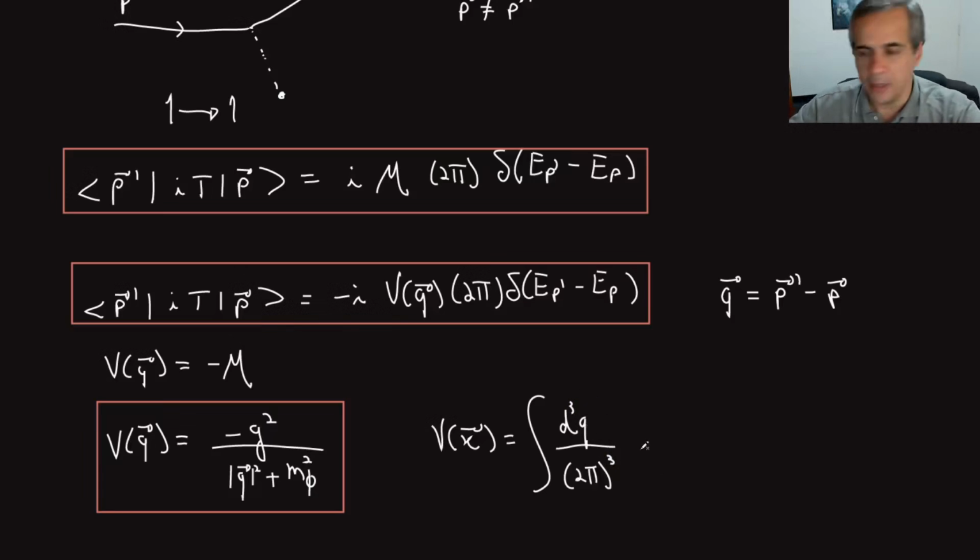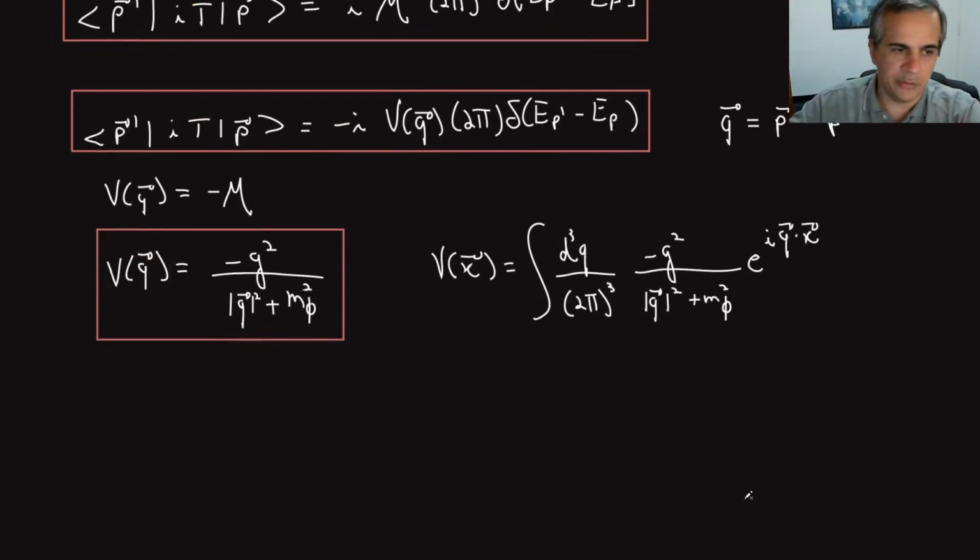the integral d3q of minus G squared over Q squared plus M phi squared, times exponential of I Q dot X. I'll spare you the details of these calculations, but if you're curious, that's in my lecture notes on page 201.